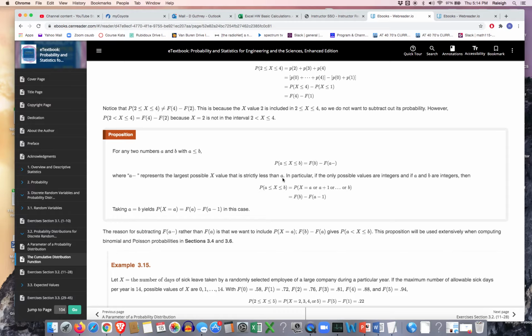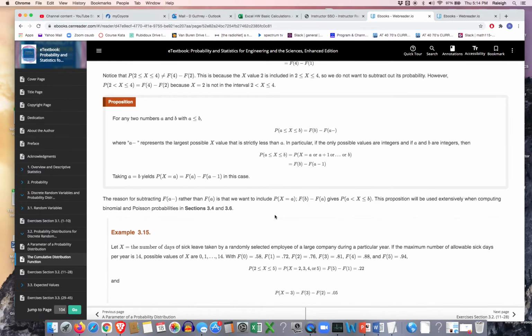In fact, an infinite sequence of 9s, virtually. So the only possible values are integers if a and b are integers, which is mostly what we're looking at. So this is getting into more subtle notation that we probably won't have much need for. But they also say you can use a minus 1, but I just don't think we're going to have much call for this. So let's go straight to the example.